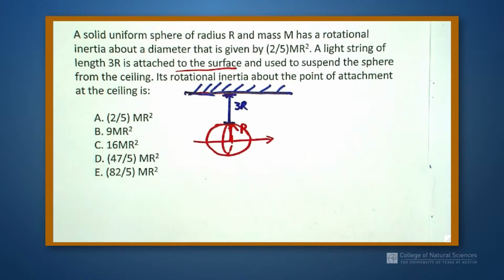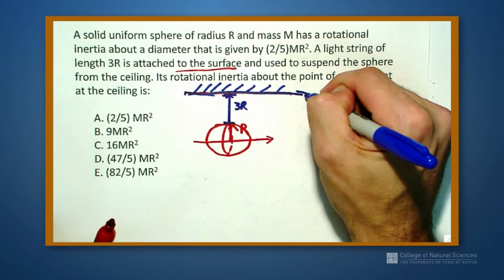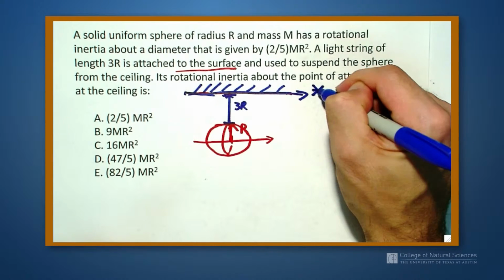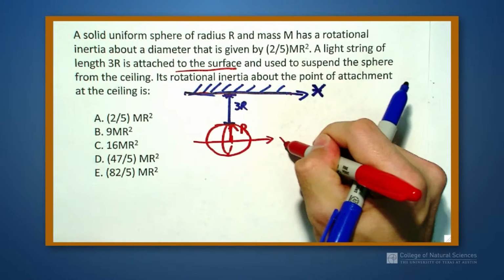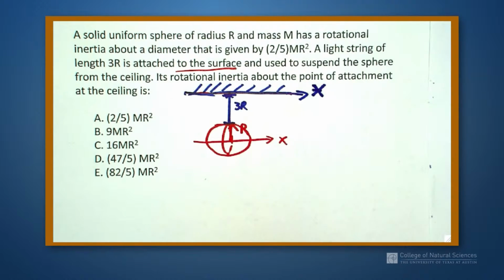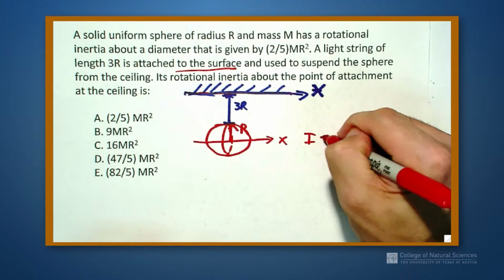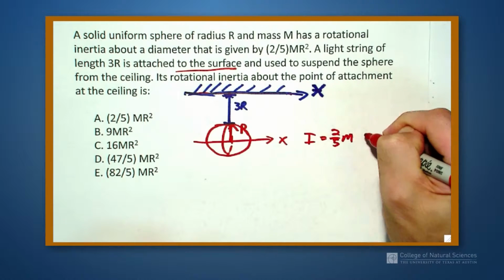So I want to know what the moment of inertia is around a rotational axis that's in the x direction. Now, originally it was the diameter axis, but I'm changing my rotational axis. So I know that my initial moment of inertia is given by 2/5 mr squared.